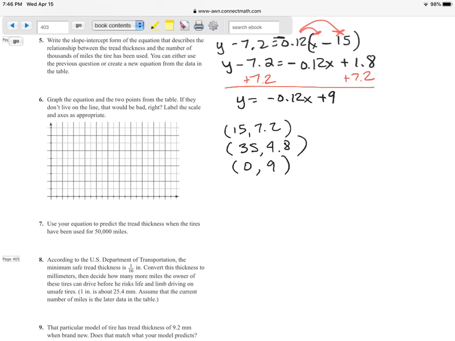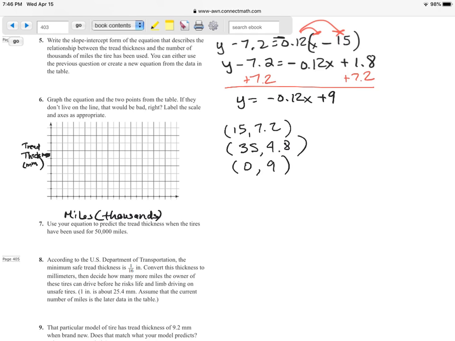Okay, so our input was the miles in thousands. Let's put that there. And then our output was tread thickness, in millimeters. That doesn't look very nice.